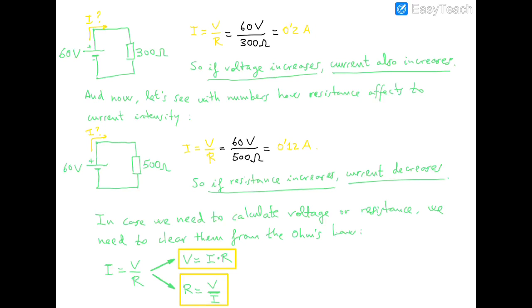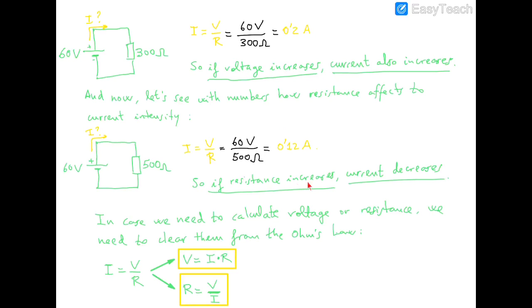Now let's see how resistance affects current intensity. So now I'm going to increase the resistance from 300 ohms to 500 ohms. And I see that current intensity decreases from 0.2 amps to 0.12 amps.